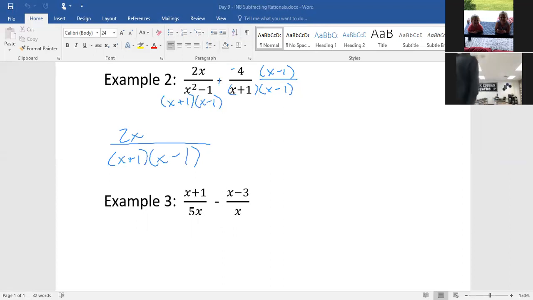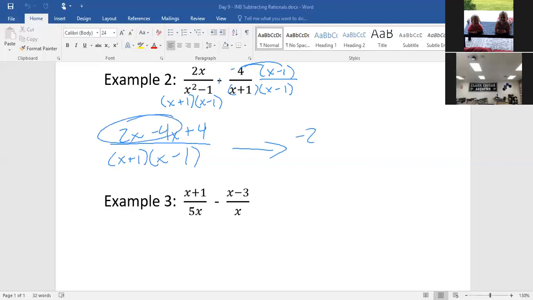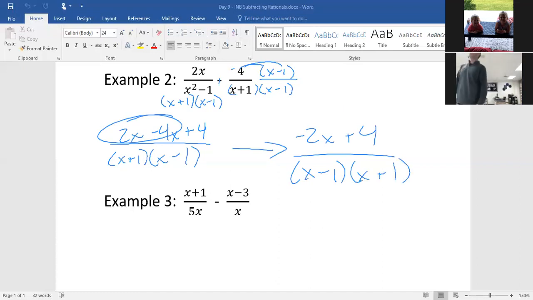Now I am going to have to distribute my negative 4 times x and negative 4 times negative 1, which is positive 4. Probably the most common mistake, again, would be putting that plus 4 as a minus 4, forgetting to distribute the negative all the way through. So here we go. Those two can combine. I'm going to call that negative 2x plus 4, and I'm done.